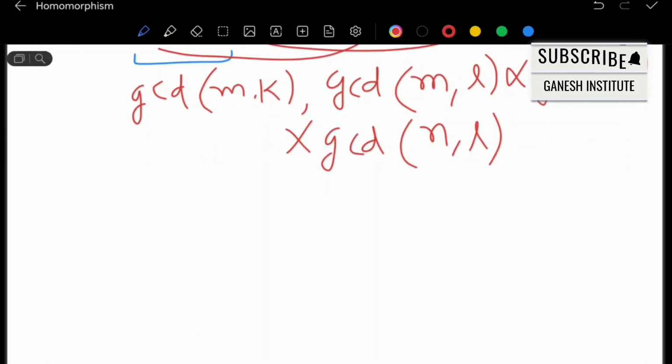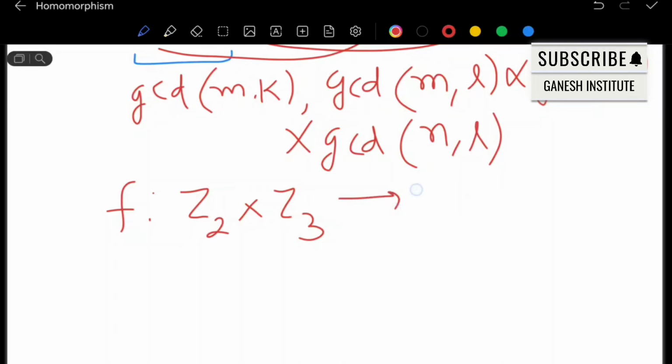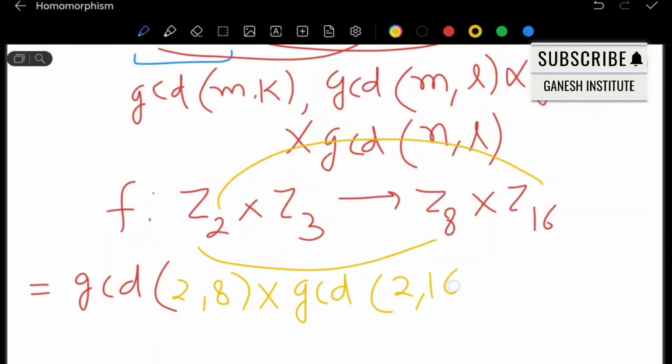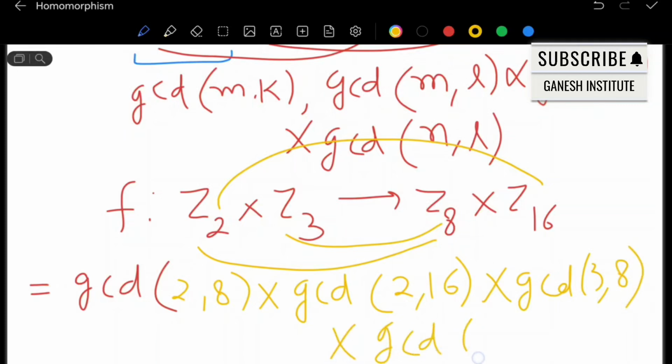Okay. So if you are asked to find the number of group homomorphisms from Z2 × Z3 to Z8 × Z16, it will give you GCD of 2 and 8, multiplied by GCD of 2 and 16, multiplied by GCD of 3 and 8, multiplied by GCD of 3 and 16.